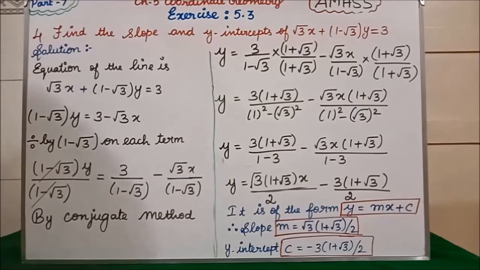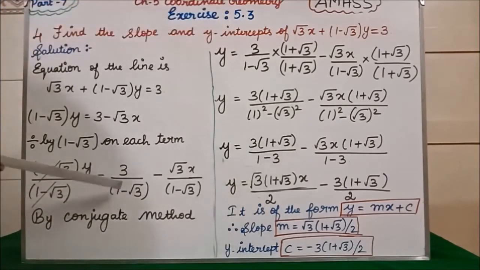Next step, how we are going to proceed is, we have to use the conjugate method. Conjugate means what? Whatever term we have in the denominator, suppose here it is minus, when you conjugate it, it will become the opposite sign. It will become positive. So 3 divided by (1 minus root 3): conjugate means you have to multiply by the same thing but with the opposite sign. Minus means plus.